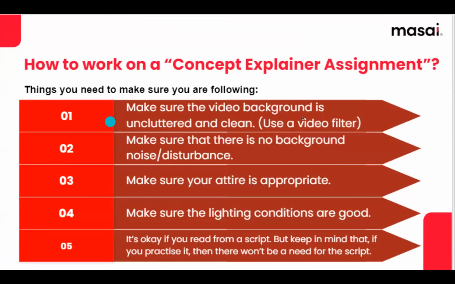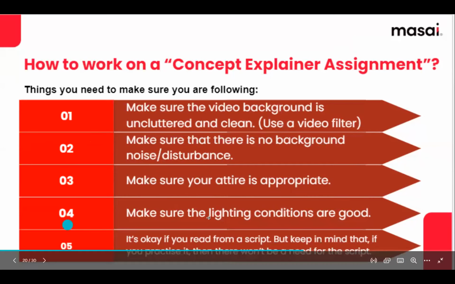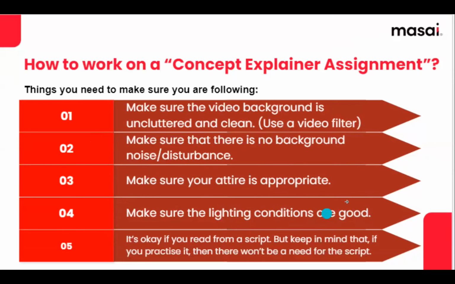First, make sure the video background is uncluttered and clear. You can use a video filter, or set up a very good background. Second, make sure whatever dress you are wearing is appropriate and formal. Third, make sure there is no background noise or disturbance. Fourth, make sure the lighting conditions are good so that your face is clearly visible.